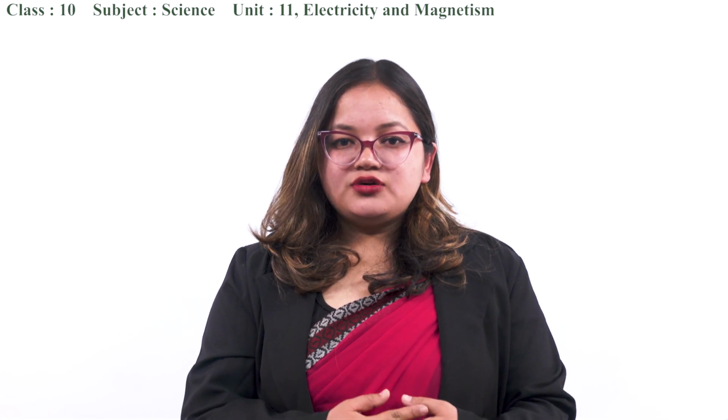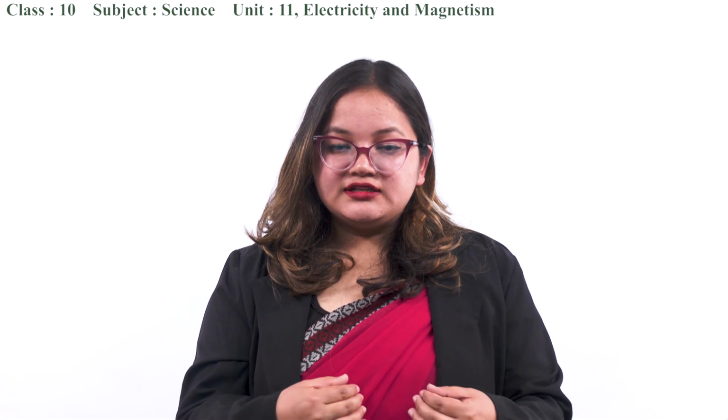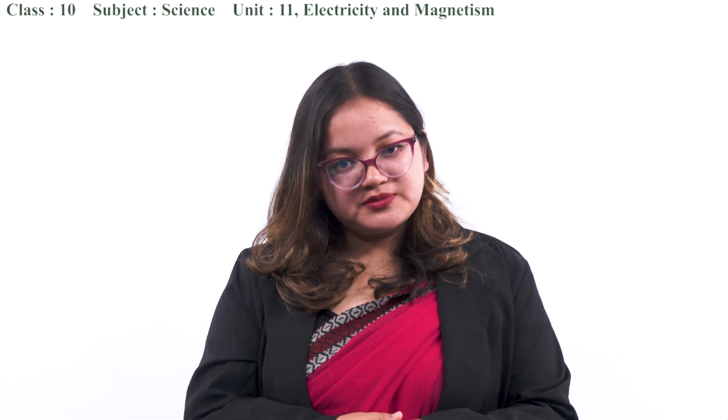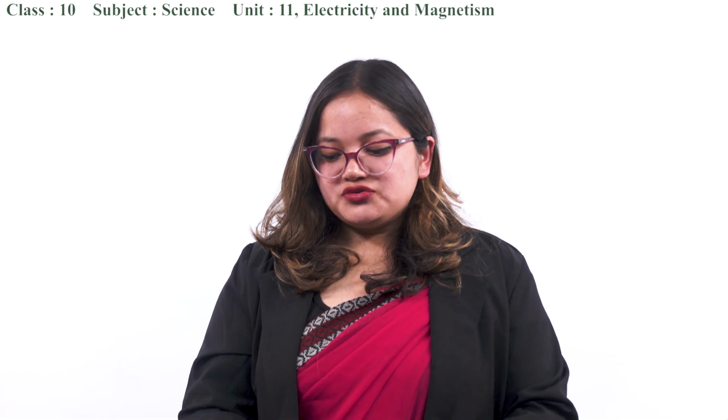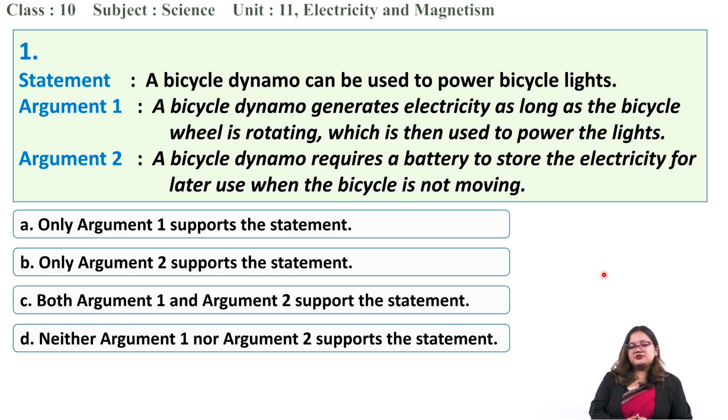Okay, so I hope you have now gained some concept about electromagnetic induction and its application in the dynamo, which will help us in solving this question. This is a statement and argument type question. The statement says a bicycle dynamo can be used to power bicycle lights. Let's see whether these two arguments support our statement or not.